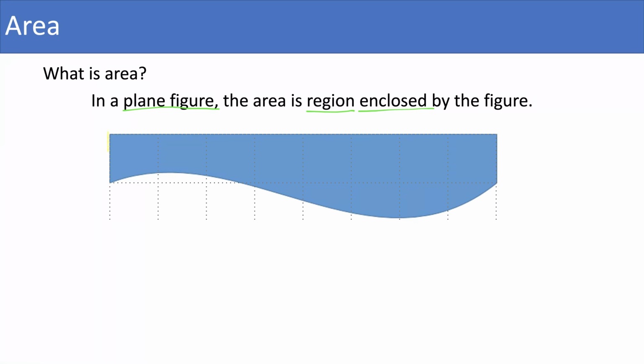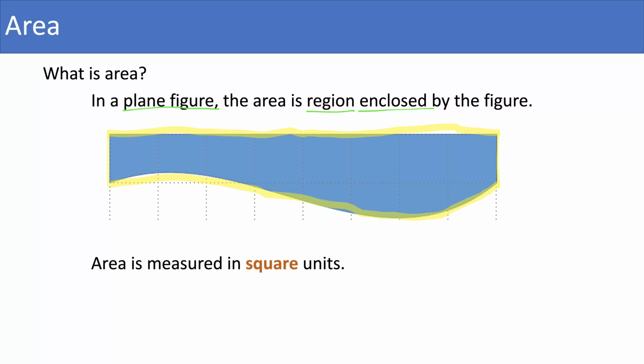This is the outside, and it comes around here, dips down, has this beautiful curve, and then goes straight across. That is its outline or perimeter.